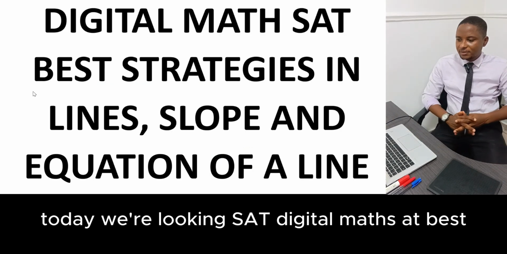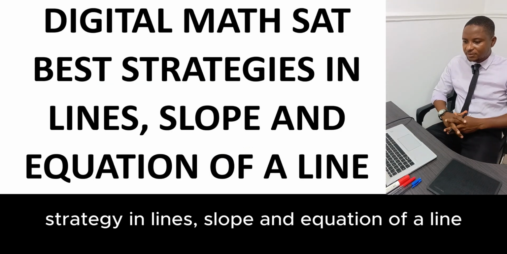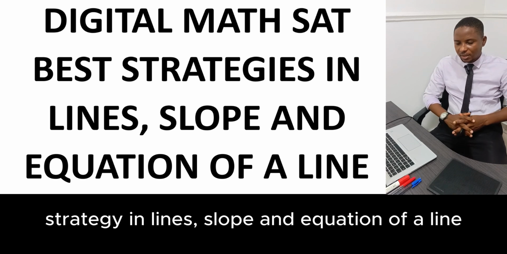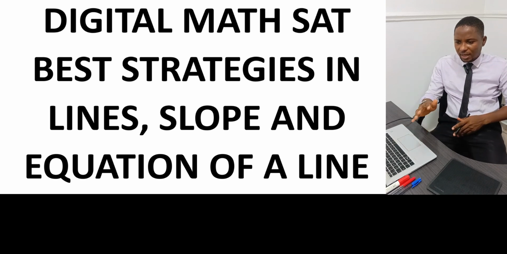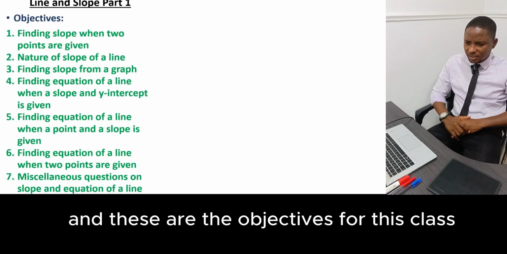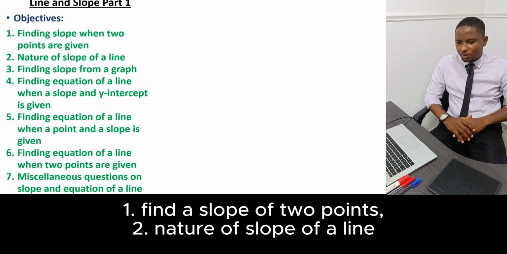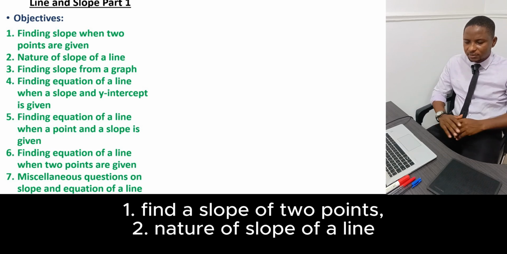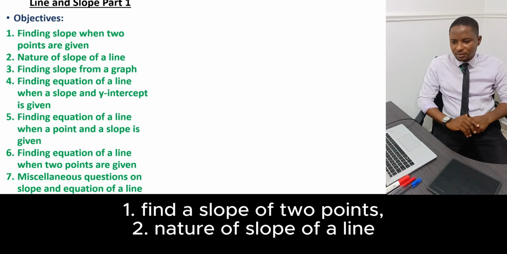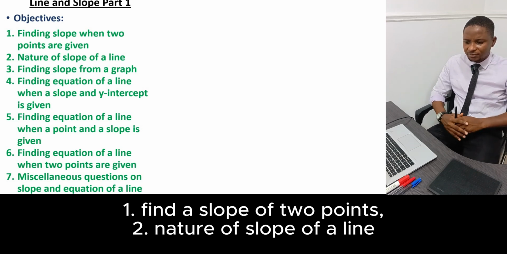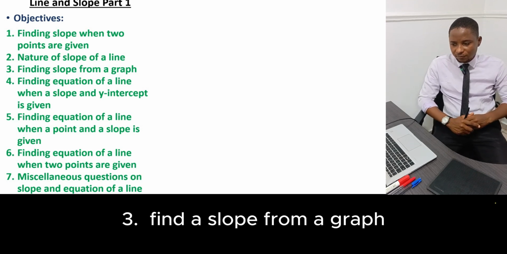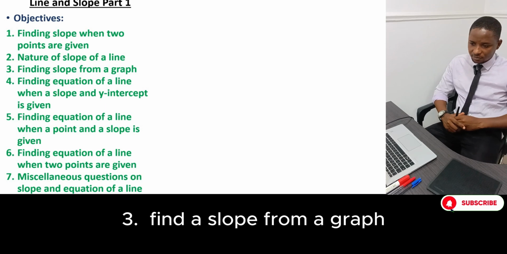Today we're looking at digital math SAT best strategy in lines, slope, and equation of a line. And these are the objectives for this class. 1. Finding slope of 2 points. 2. Nature of slope of a line. 3. Finding slope from a graph. 4.